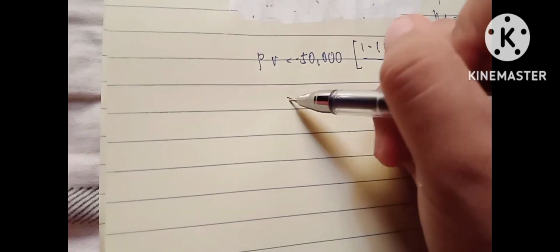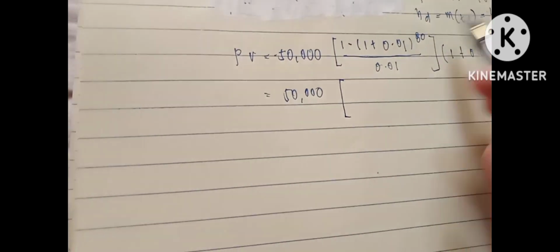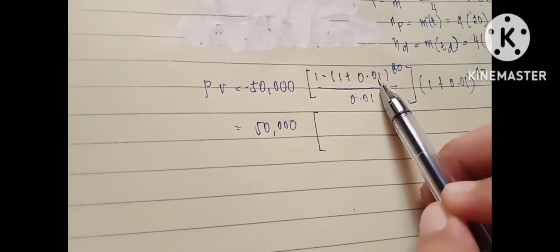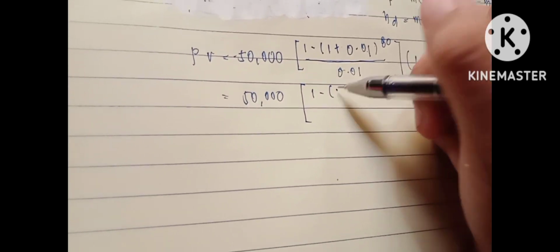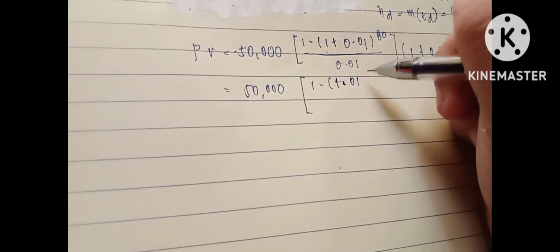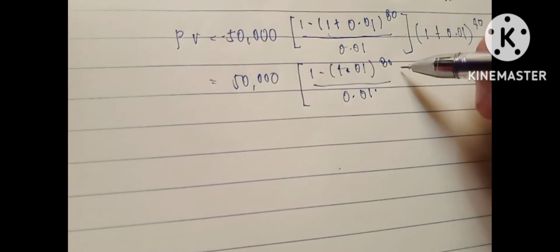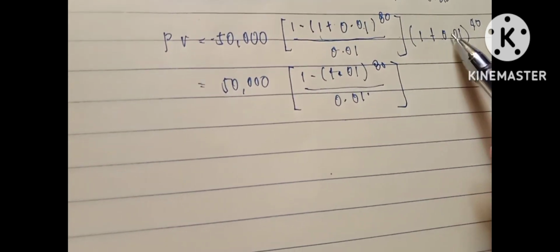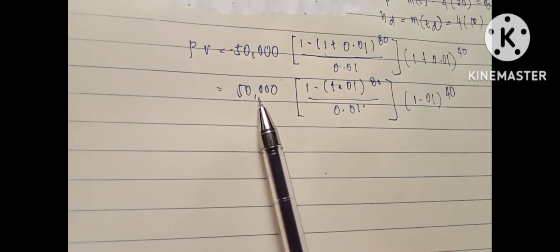Sunod, copy lang ang 50,000. And then, atong isolve ang 1 plus 0.01, which is 1.01 raised to 80 over 0.01. And then, ato isolve ang 1 plus 0.01, which is 1.01 raised to 40. So, para madali, mogamit ta og scientific calculator.